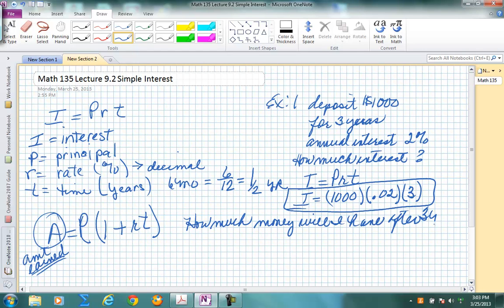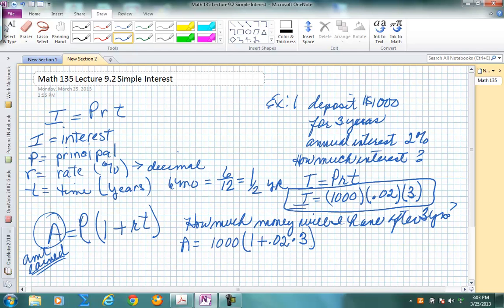Then I can use this formula, and the amount of money I have will be the $1,000 that I invested times 1 plus my rate, which has to be a decimal, times my time, which has to be in years.